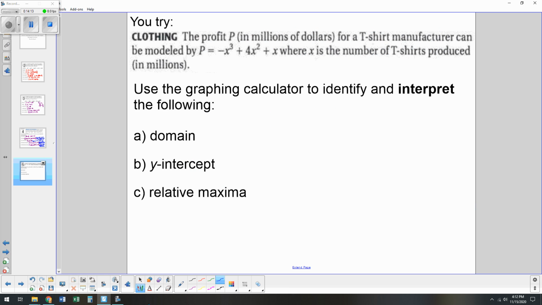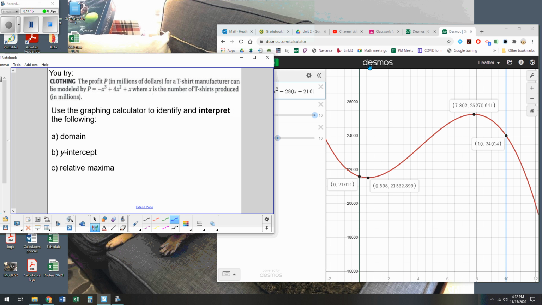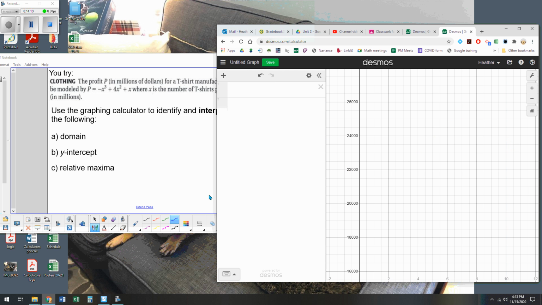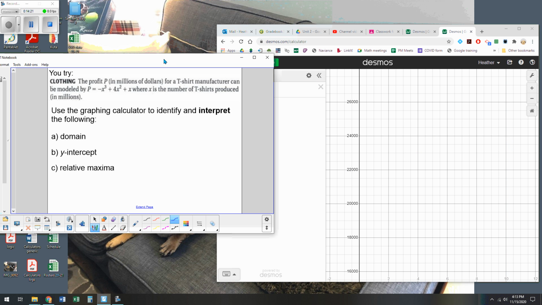So you're going to try this last one. It's going to be a much nicer picture. All right, they're not giving you a starting or end point, but you'll see what the starting and end point should be on the graph. So go ahead and try this one, pause it, and I'll show the answer.